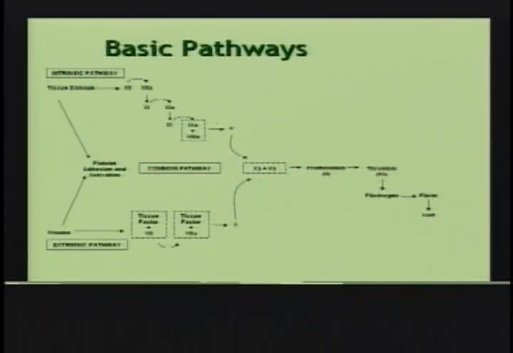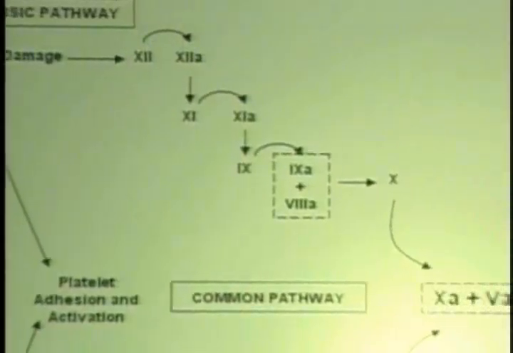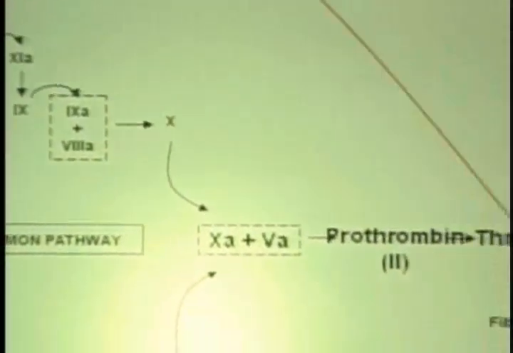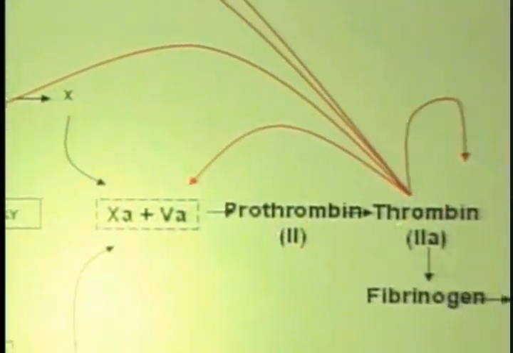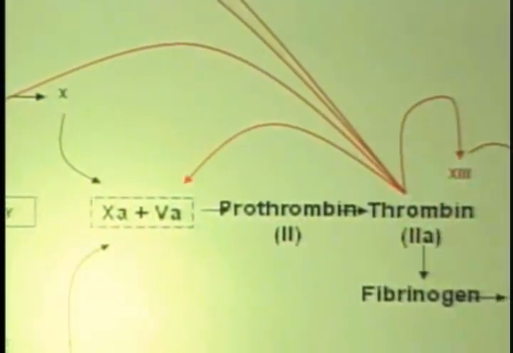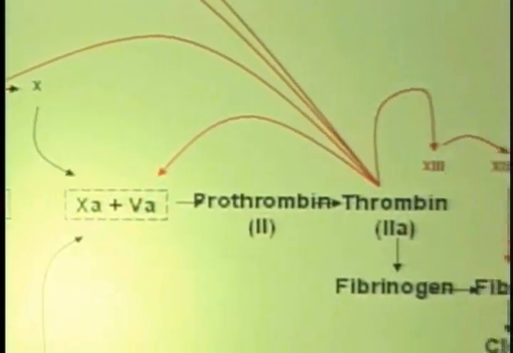And the idea is the following. Here's the basic pathway. There are two pathways, the intrinsic pathway and the extrinsic pathway, one by tissue damage, the other by trauma, that converge. And heparin plays a role at this point that I'm going to come to in a minute. Prothrombin is activated to thrombin, and thrombin feeds back into a variety of these upstream events to eventually regulate the clot formation.